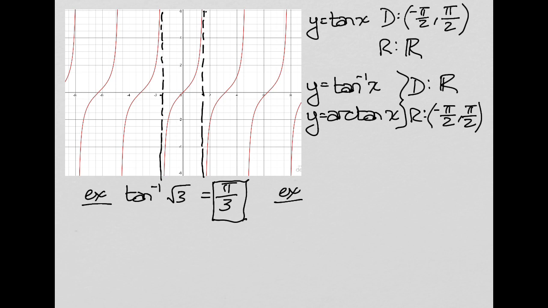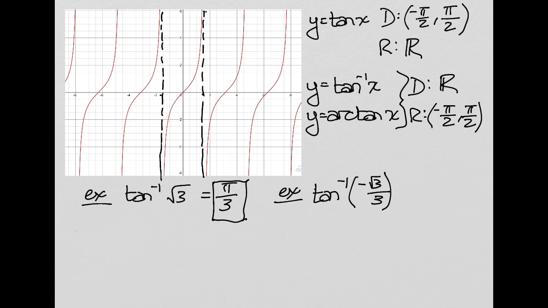What if I have the inverse tangent of negative root 3 over 3? So I'm looking for the angle that's between minus pi over 2 and plus pi over 2, quadrant 4, whose tangent value is minus root 3 over 3.